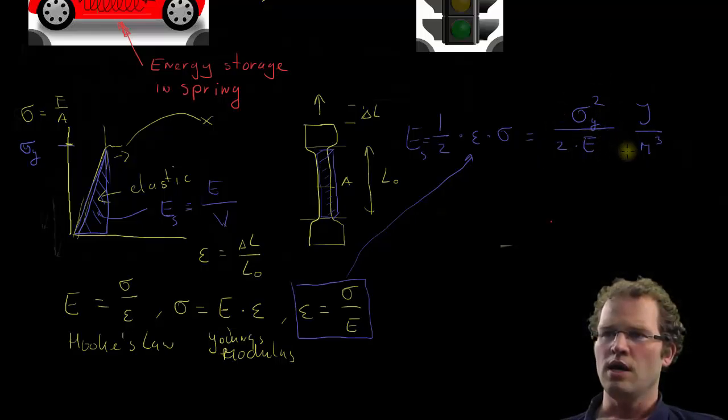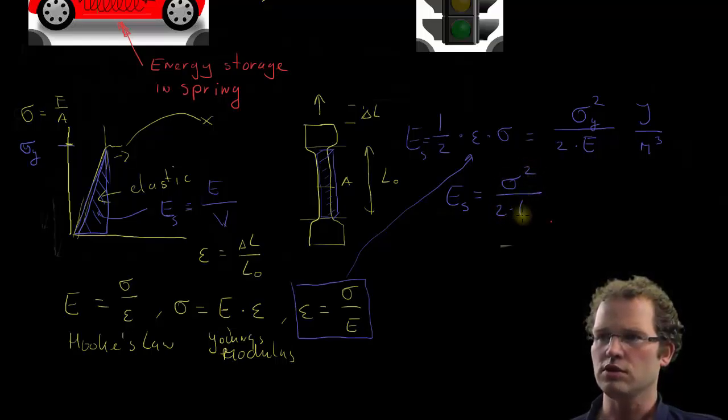To make it even more useful, we can make a specific energy with regards to mass, and we only have to add the density. So if we leave the formula the same way, 2 times E, and we add the density, then we would have the unit joule per kilogram.